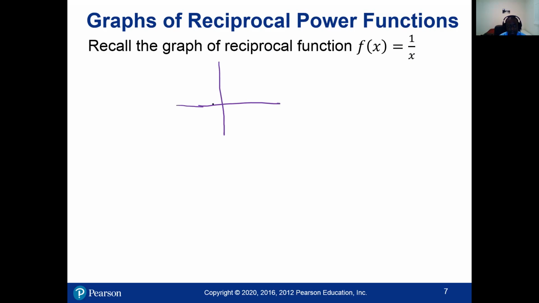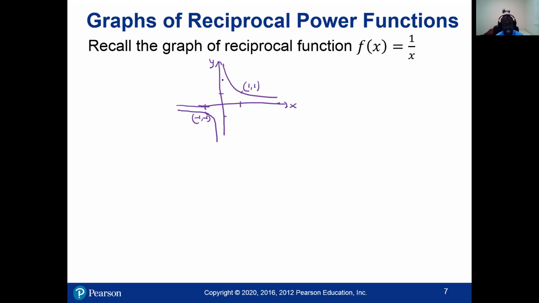This is your x, this is your y. If here's 1, and that is 1, the graph passes through the point (1, 1), and also (-1, -1). It passes through these points.